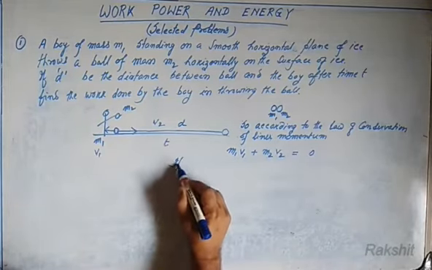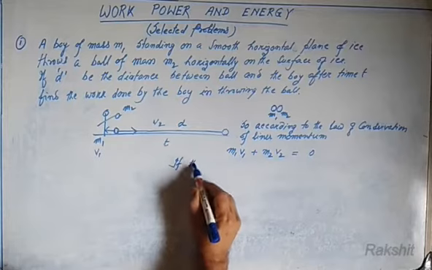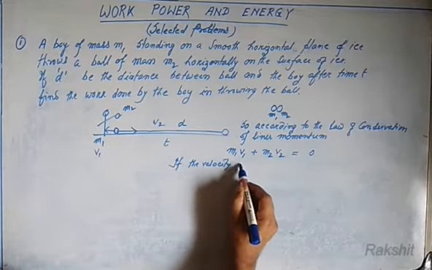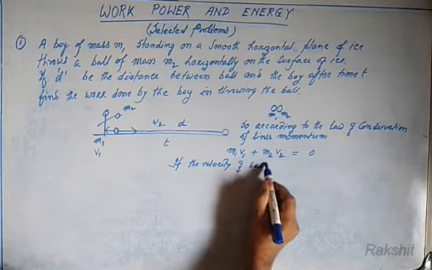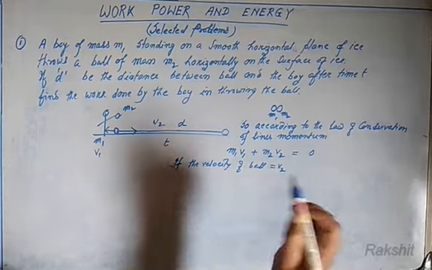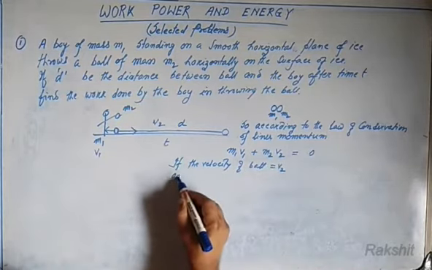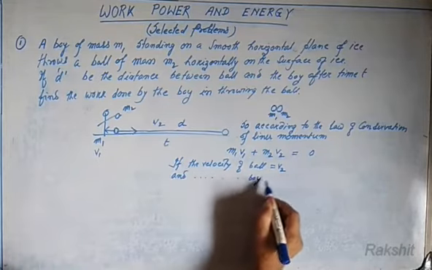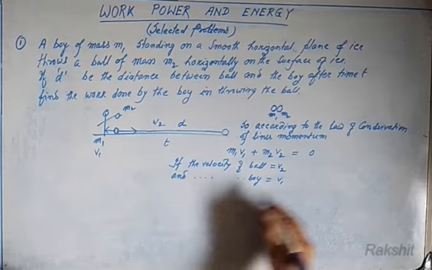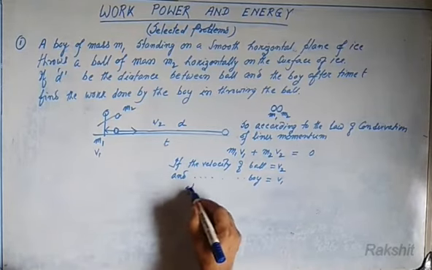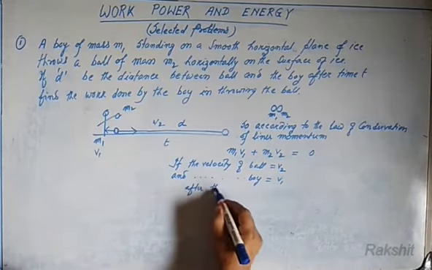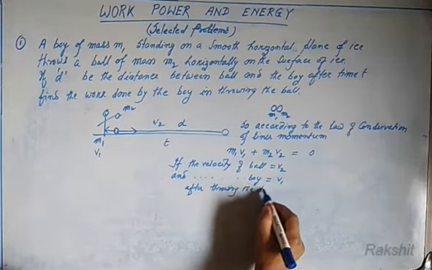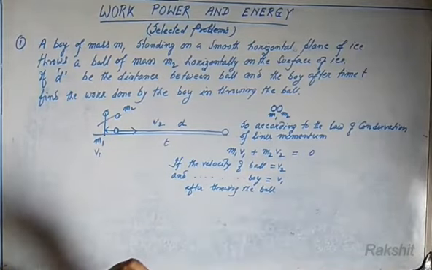The velocity of ball is v2 and that of boy is v1 after throwing the ball.